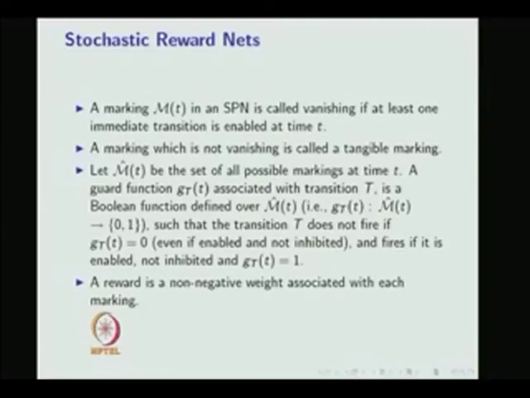A guard function g of t associated with the transition t is a Boolean function defined over M bar of t such that the transition t does not fire if g of t is equal to 0. That means even if it is enabled and not inhibited, it does not fire; it fires if it is enabled and not inhibited and g of t is equal to 1.